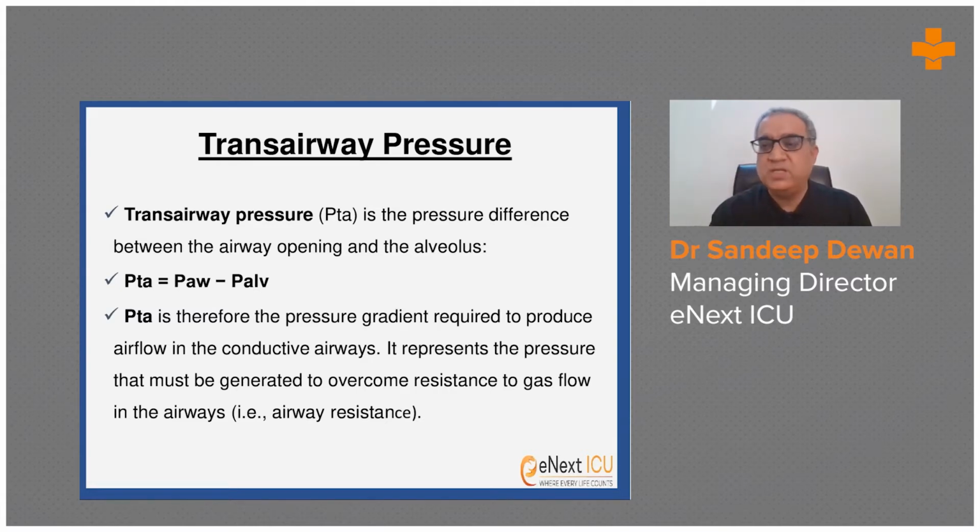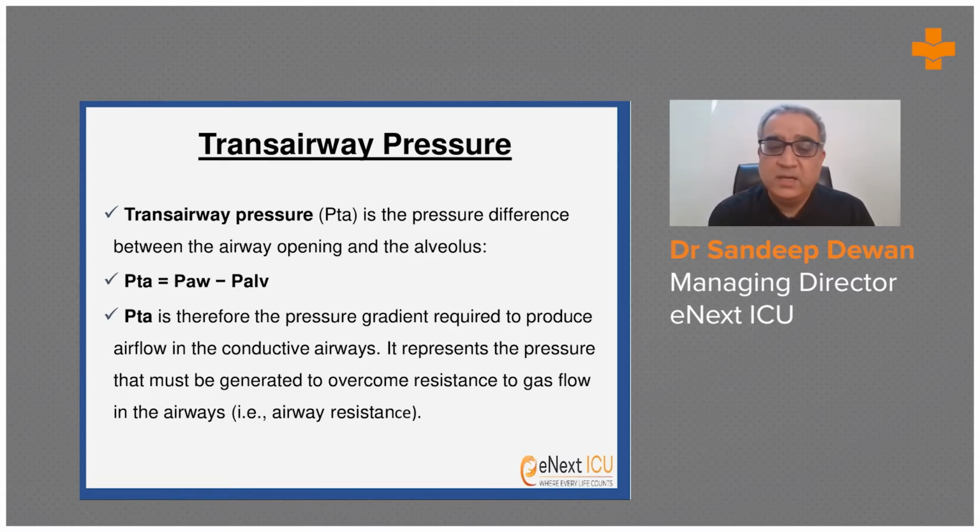There are two or three pressures which are most important when we are managing ventilated patients, but they are also relevant in our normal physiology. One is the trans-airway pressure. As the name suggests, it's the pressure between the airway opening, the mouth, and the alveoli. When gas moves from the mouth into the alveoli, it has to cross a pressure in the airway, known as the trans-airway pressure.